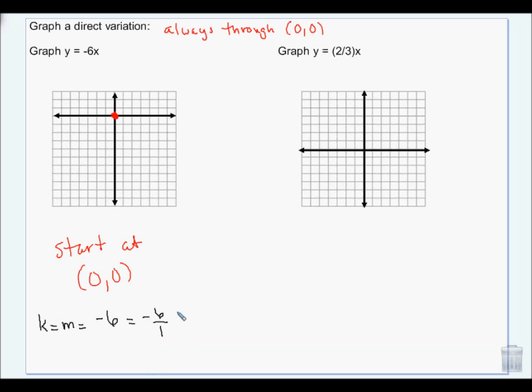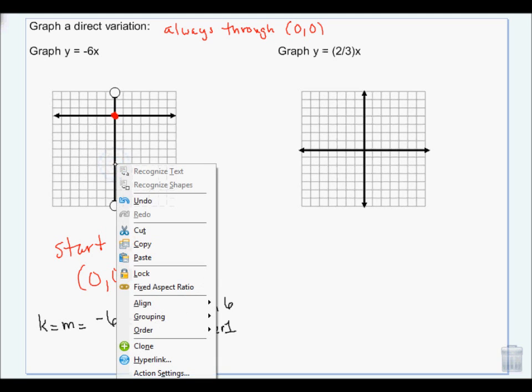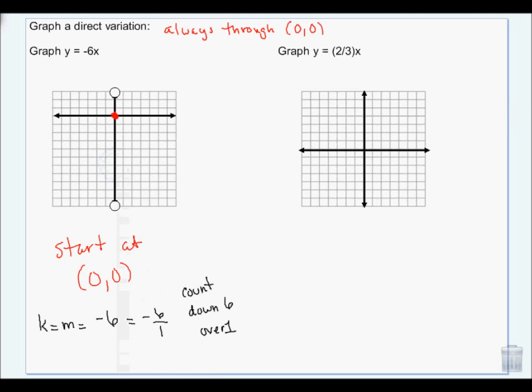So what you're going to do is you're going to count. It's -6, so I'm going to go down 6 and then over 1. From 0, 0, I'm going to go 1, 2, 3, 4, 5, 6 down, 1 over, and make another dot.